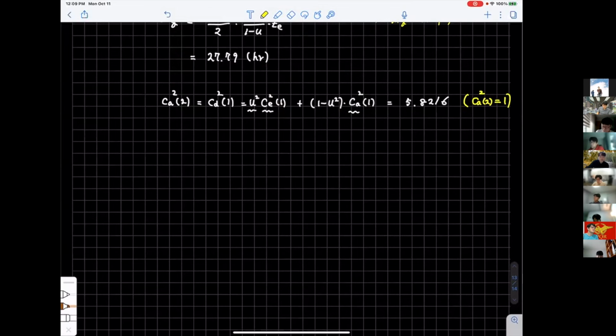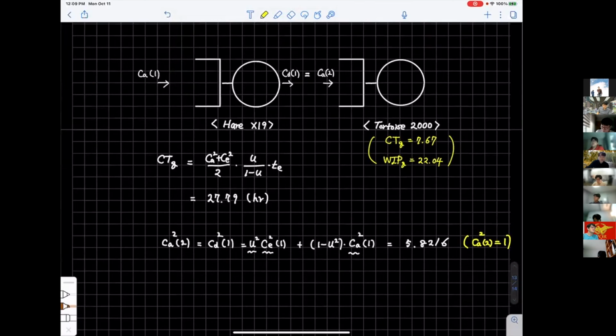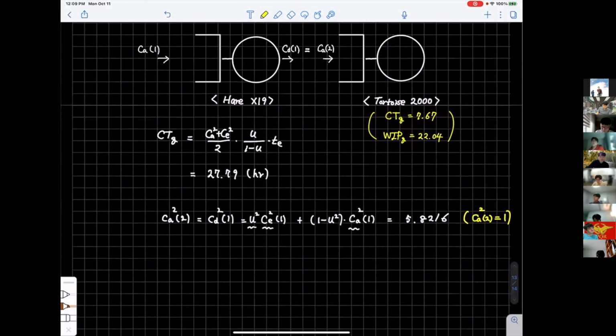But this is changed to over 5. And compared with the previous value, the arrival CV becomes a very high value.